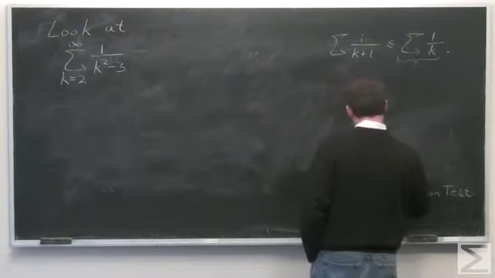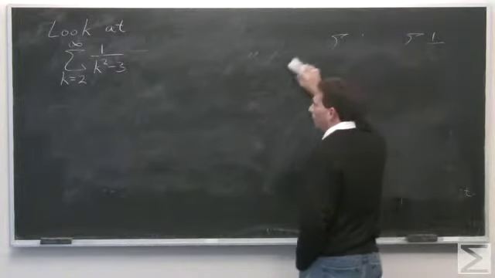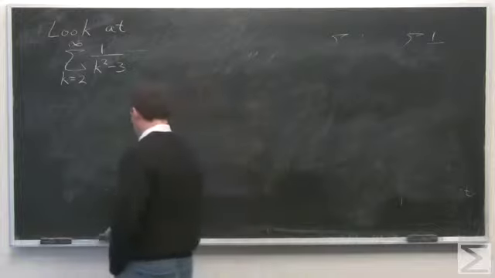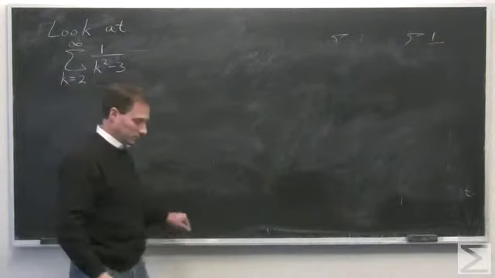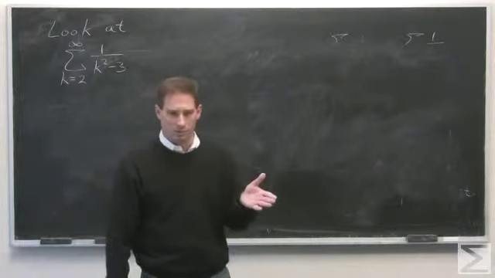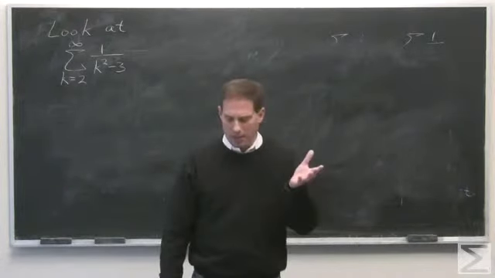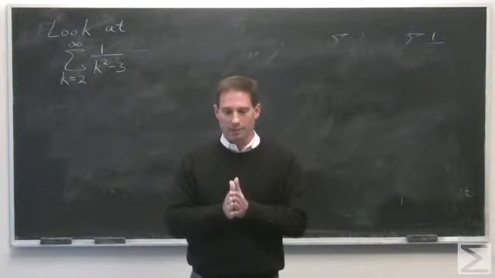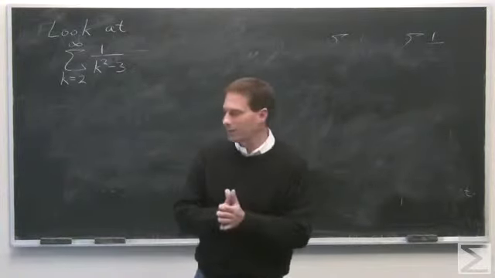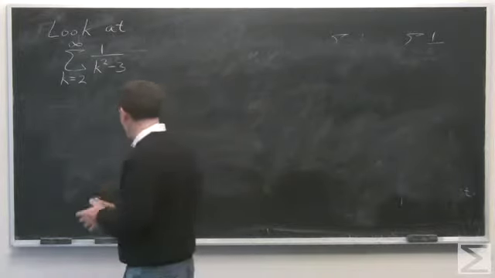You look at this and you think, well, it's true that this is greater than or equal, term for term, to the terms of the p series. It has 1 over k squared in it. So you're greater than or equal to something that converges. That doesn't tell you anything. The comparison test doesn't allow you to conclude anything.